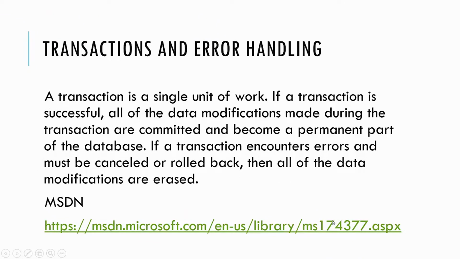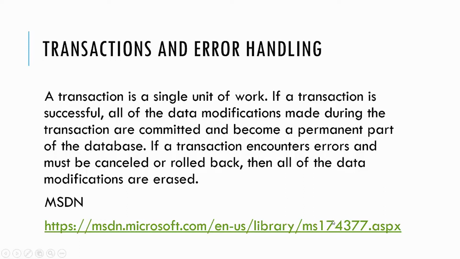If you look at a typical Wikipedia definition, a transaction is a single unit of work. If a transaction is successful, all the data modifications made during the transaction are committed. Committed meaning it is stored in the database. But if it fails, whatever you did is basically rolled back, right? So it's basically saying that a database should always be consistent.